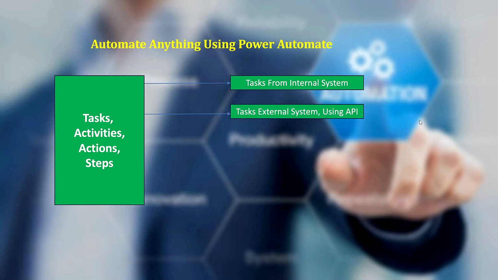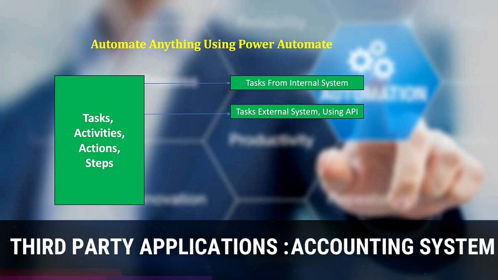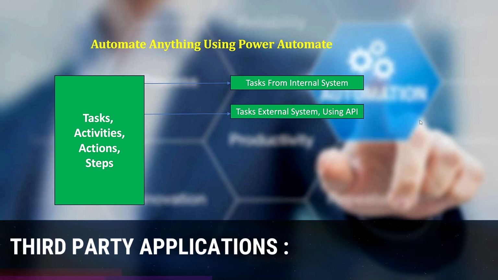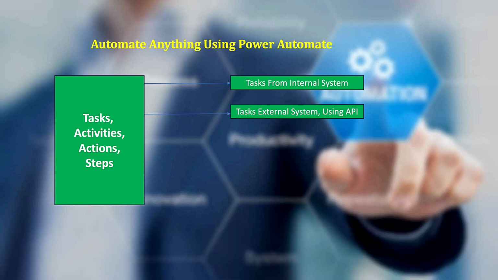Tasks from external systems. Sometimes you might be using an ERP system, a CRM system, and an accounting system, and those are not connected. It means all three applications are external software, external systems in your business, and you can connect all those softwares using API.